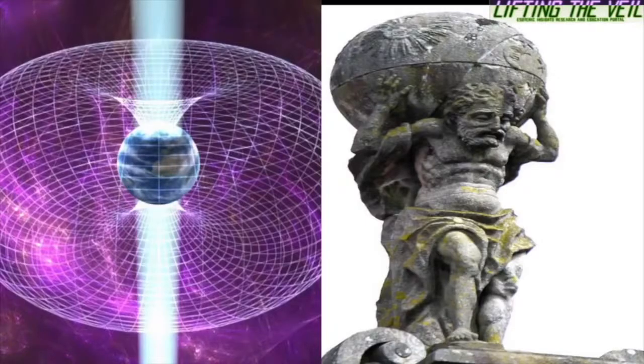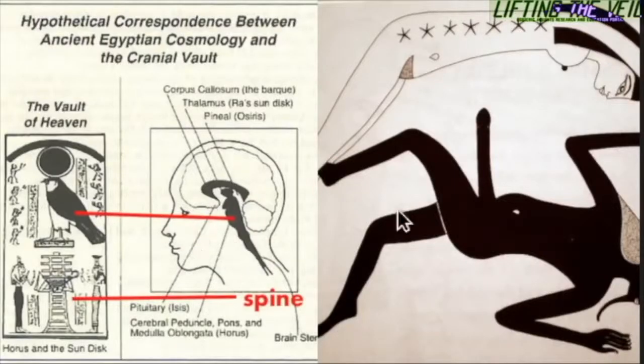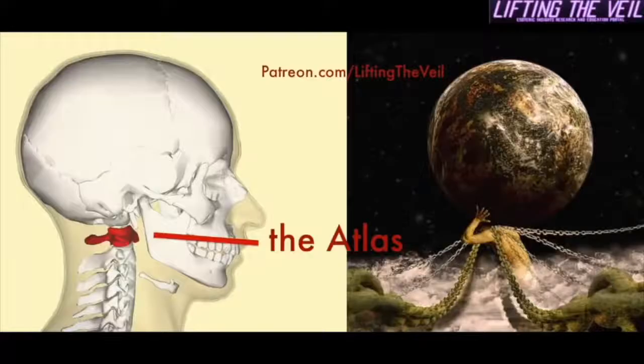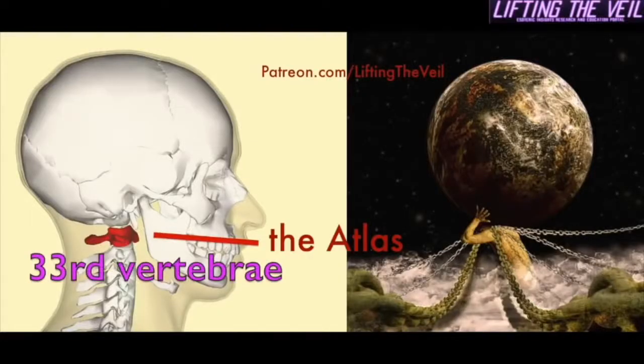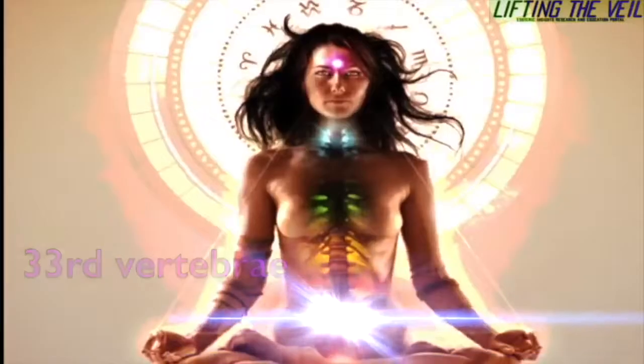In other words, the son of space and earth, the pillar of support, the support structure of the celestial sphere above the sphere of the earth. Atlas's symbol is the globe, which is why we have the atlas bone of the spine, which supports the globe of the skull, the microcosm of the macrocosm.